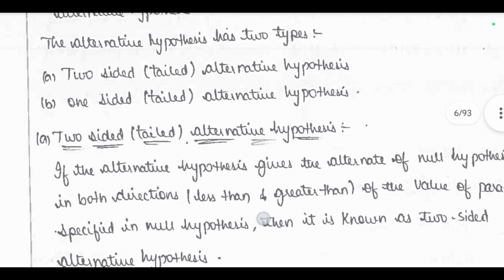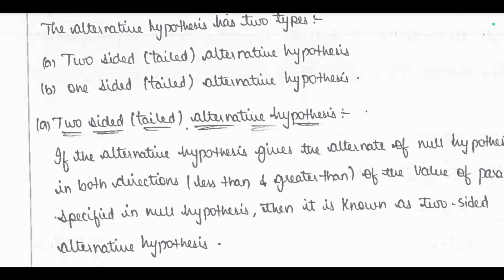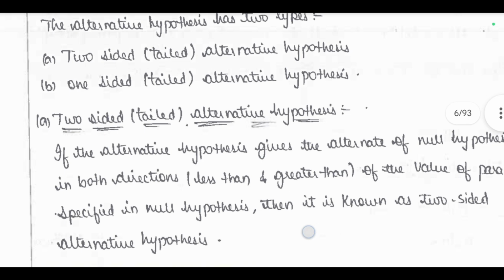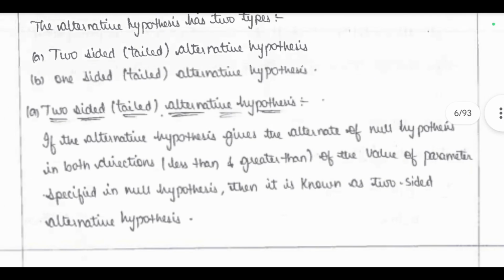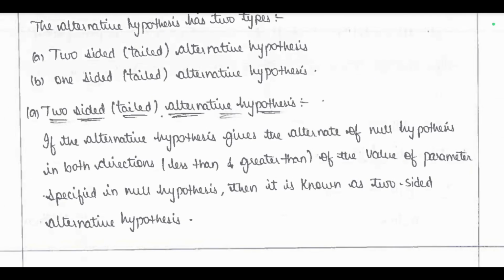In the two-tailed alternative hypothesis, the alternative gives the alternate of the null hypothesis in both directions, that is, less than and greater than the value of the parameter specified in the null hypothesis. Then it is known as a two-sided alternative hypothesis.